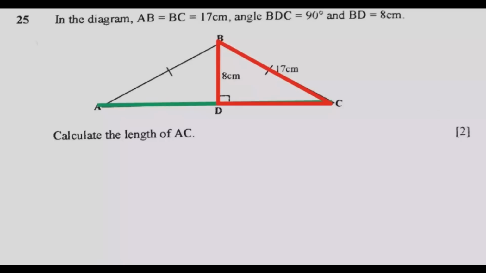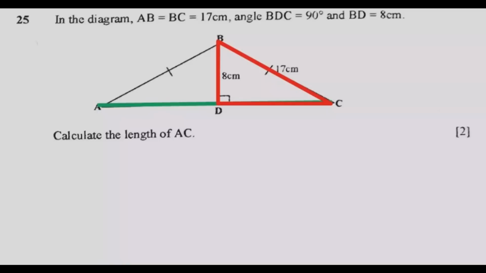Remember, angle BDC is 90 degrees, so BCD is a right triangle, the same as ABD. So I'm going to use triangle BCD to find the length of DC, and once I find it, I'm going to multiply it by 2 so that I get the length of AC. I'm going to use Pythagoras theorem.